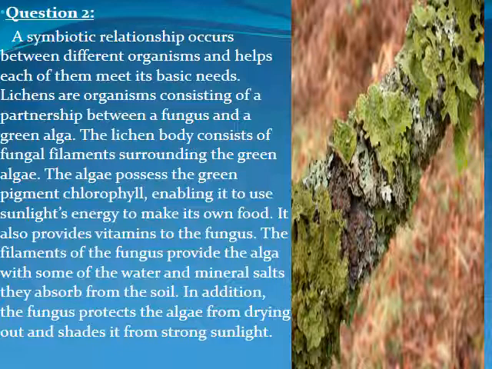The algae possesses the green pigment, which is called chlorophyll, enabling it to use sunlight energy to make its own food. It also provides vitamins to the fungus. The filaments of the fungus provide the algae with some of the water and mineral salts they absorb from the soil. In addition, the fungus protects the algae from drying out and from strong sunlight.